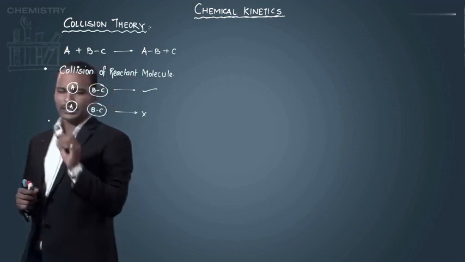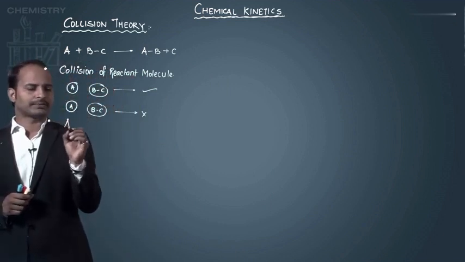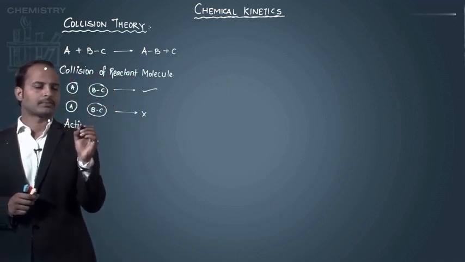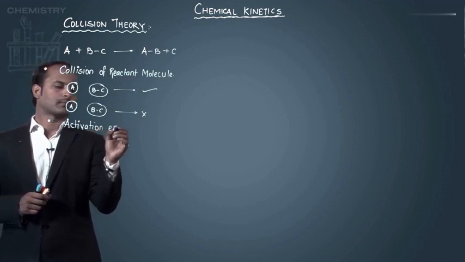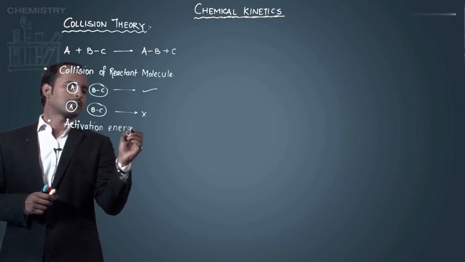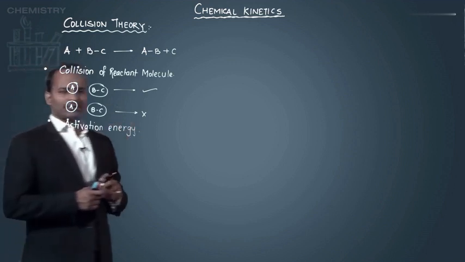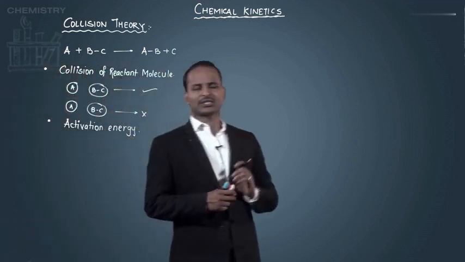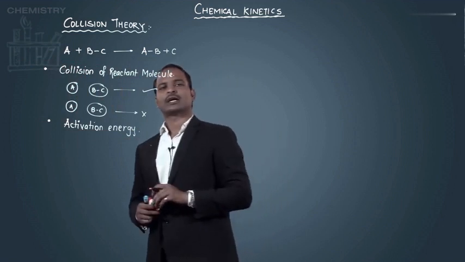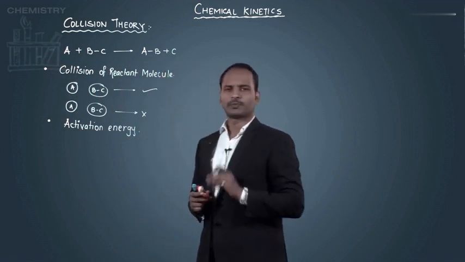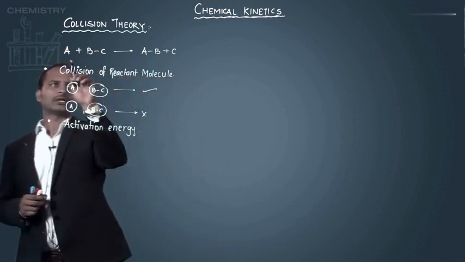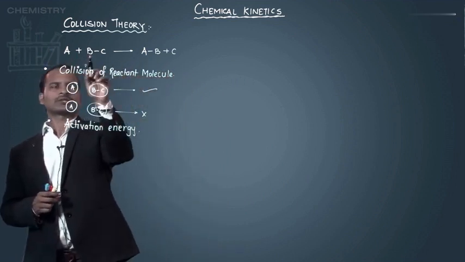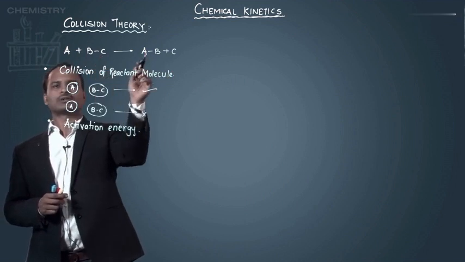So the second criterion is the activation energy. Activation energy is the minimum energy which is required for reactant molecules to form a product, to proceed into the reaction. Now see, during the reaction some bonds are breaking and some new bonds are forming.